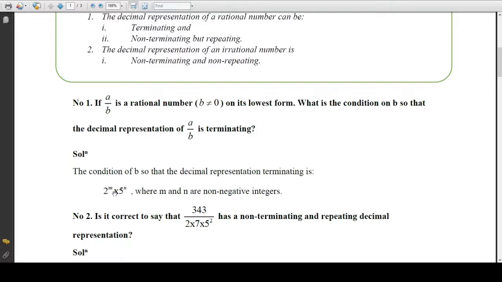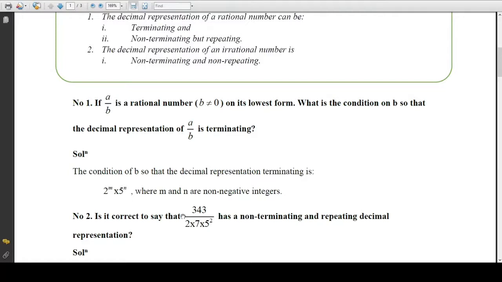One thing I want to discuss: 2 power 1 is 2, 2 power 2 is 4, 2 power 3 is 8, you know all this. But 2 to the power 0, you should remember, is always 1. Any number to the power 0 is equal to 1.